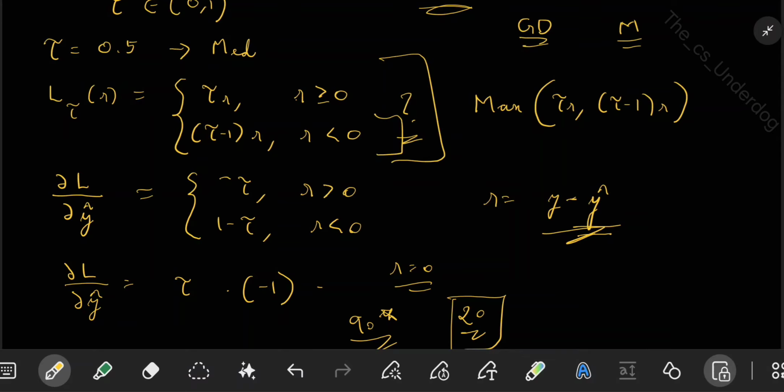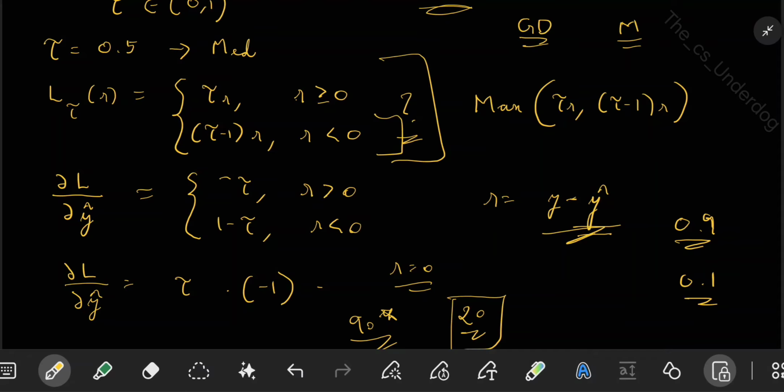Let us say you want to predict the 90th percentile of some score, like an entrance score. If you underestimate, what did we learn? Whenever you underestimate, you get penalized heavily with a weight of 0.9. Similarly, if you overestimate, you get penalized very less, something like 0.1. This is how you are driving it towards the 90th percentile.